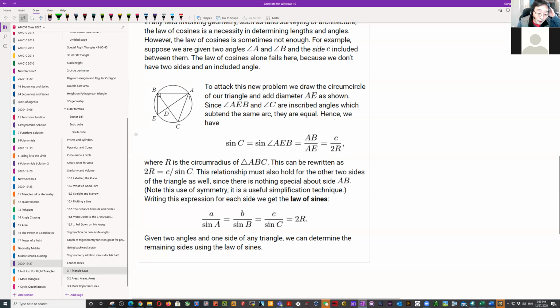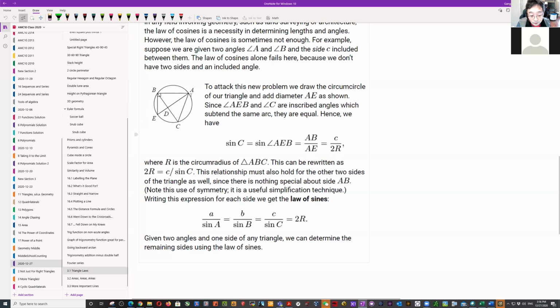And this right triangle has to go through the diameter. AE always coincides with the diameter. So the sine of AEB is AB over AE. So basically, sine C is AB over AE, which equals c over 2R.